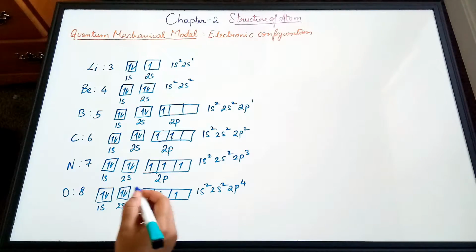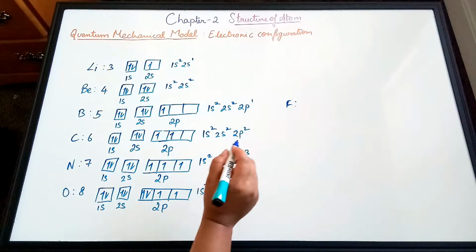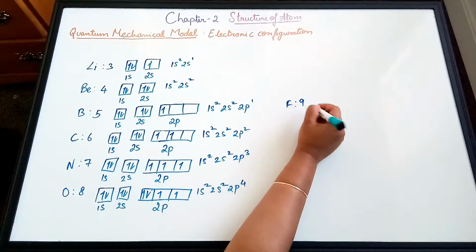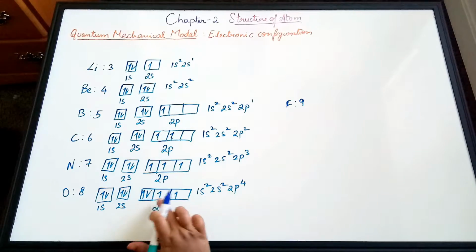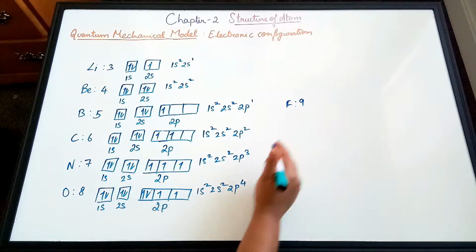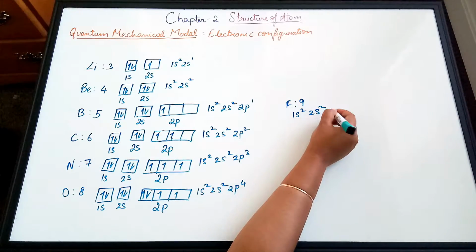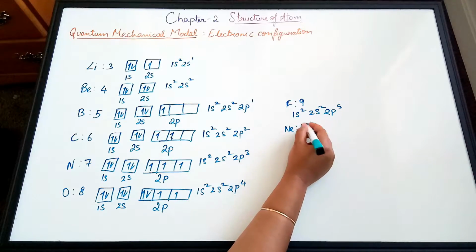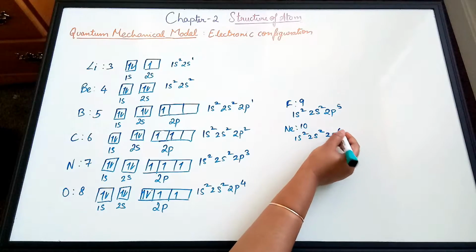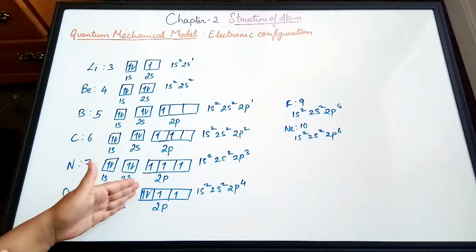Next, fluorine. Fluorine's atomic number is 9. So I'm not going to draw it. Instead of having 4 electrons in 2p, it will have the 5th electron. So its configuration is 1s2 2s2 2p5, and neon's configuration is 1s2 2s2 2p6.